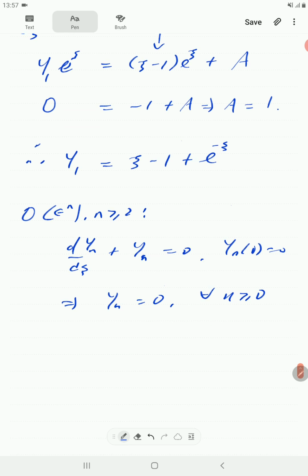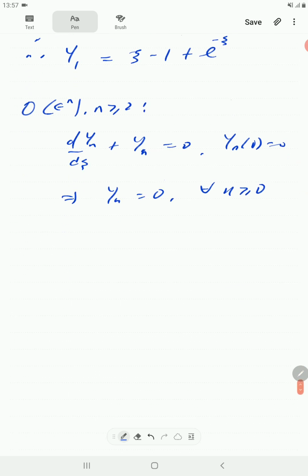So that means the solution of the inner problem is complete. So y is equal to e to the minus xi plus epsilon times (xi minus 1 plus e to the minus xi).